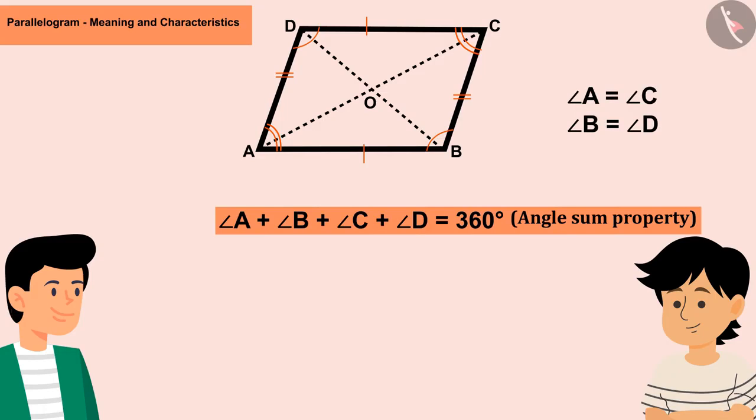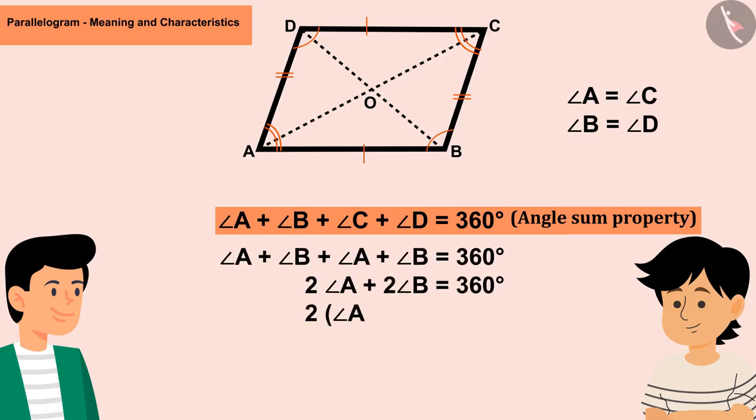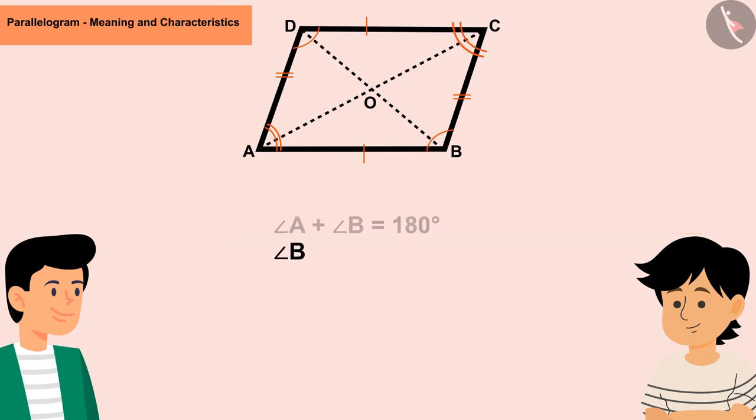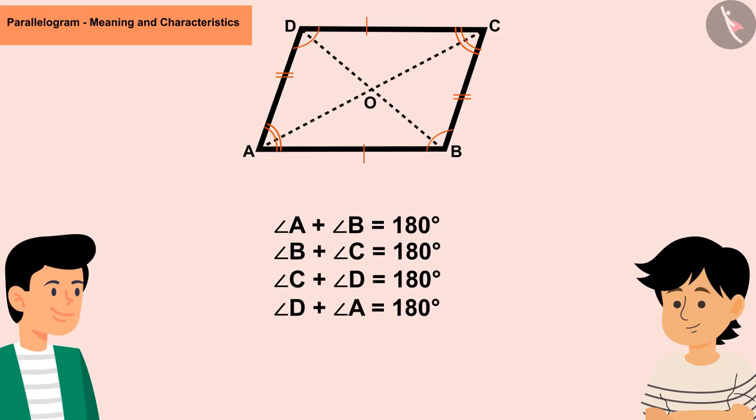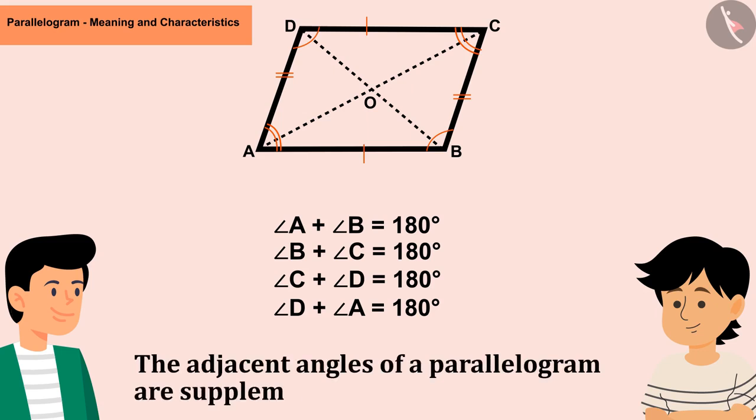Using it, we can write this equation in another way also. Similarly, we can find the sum of angles B and C, angles C and D, and angles D and A. This is 180 degrees. This leads to the conclusion that the adjacent angles of the parallelogram are supplementary.